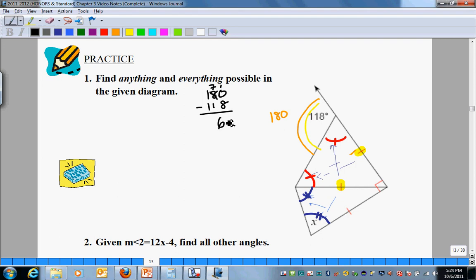I get 62. So that means this angle right here is 62 degrees. And then I look here, this angle must also be 62 degrees.